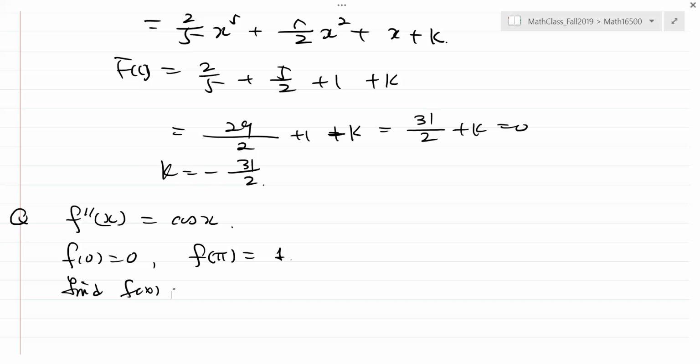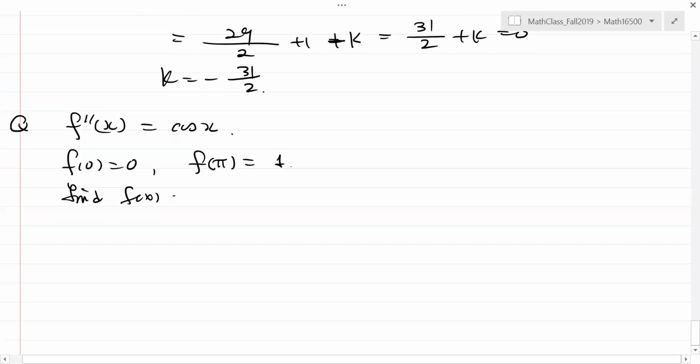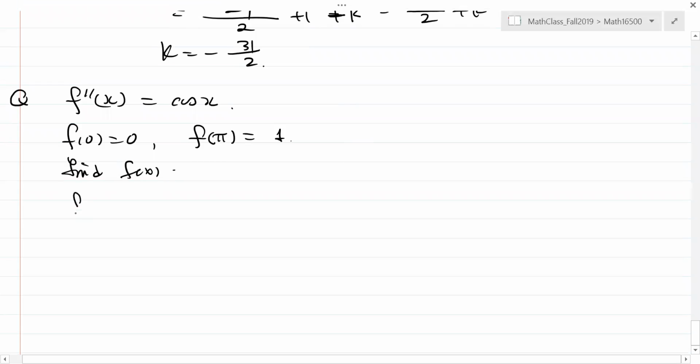All right, so let's try. First of all, you find the derivative. The derivative is the antiderivative of the second derivative, right? The first derivative is the antiderivative of cosine x, which is going to be sine x plus a constant.